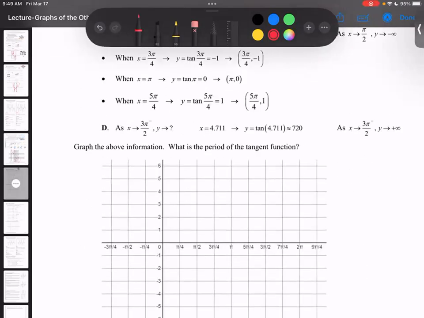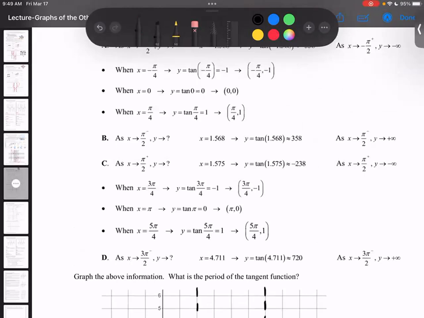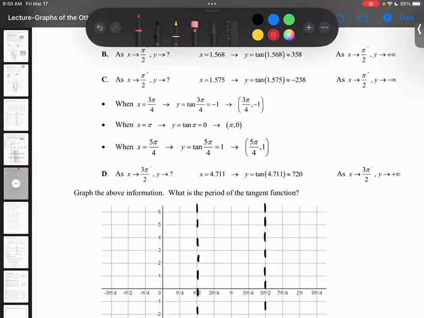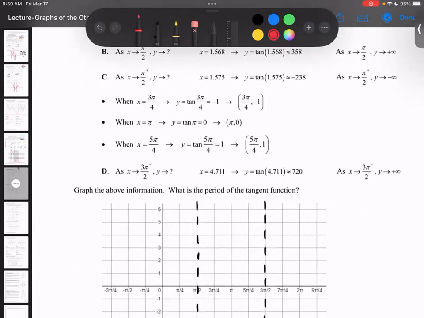So let me draw the vertical asymptote for the tangent at pi half. Similar argument like we did in the first two. We're going to assess the values around those vertical asymptotes to determine the behavior of the graph.